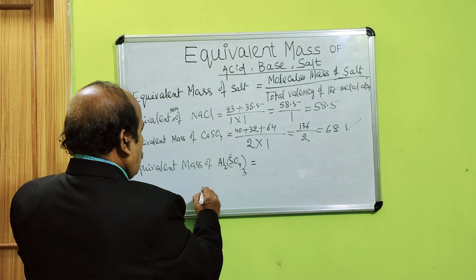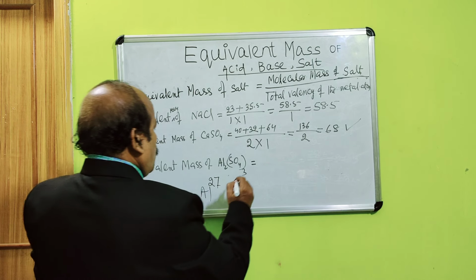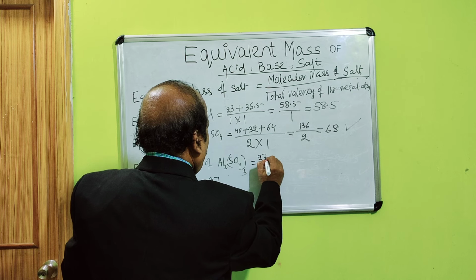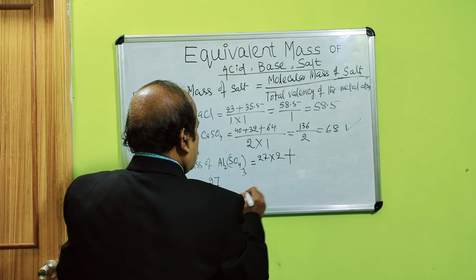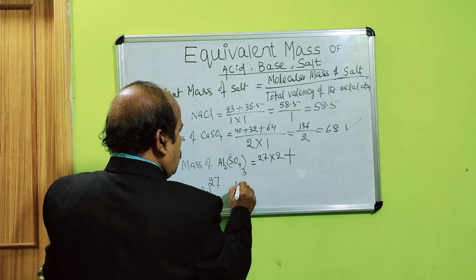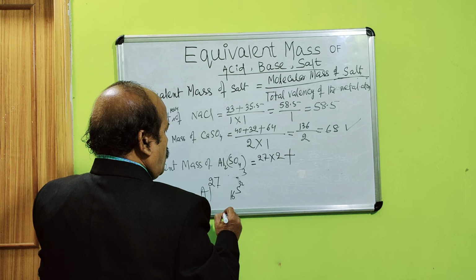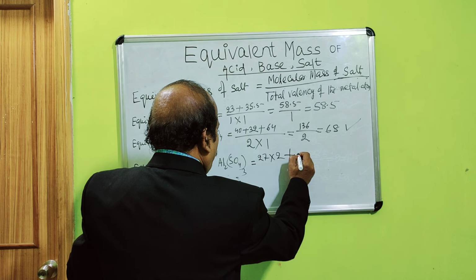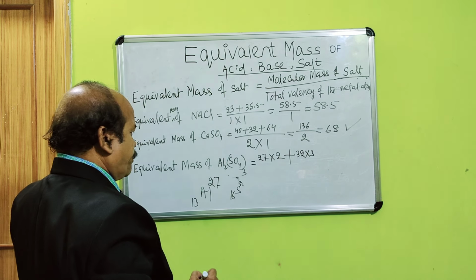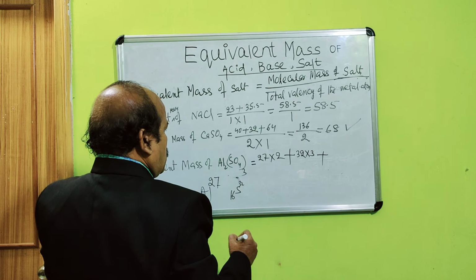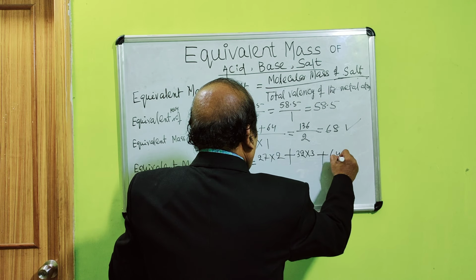Aluminum, atomic number 13, mass number 27, so 27 into 2, 2 aluminum atoms are there, plus sulfur, atomic number 16, mass number 32, for 3 atoms it is 32 into 3, plus oxygen, atomic number 8, mass number 16, for 4 it is 64 into 3.